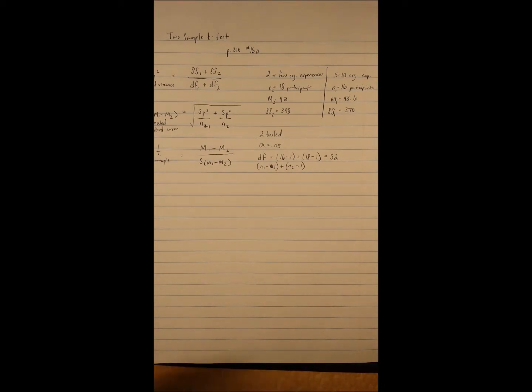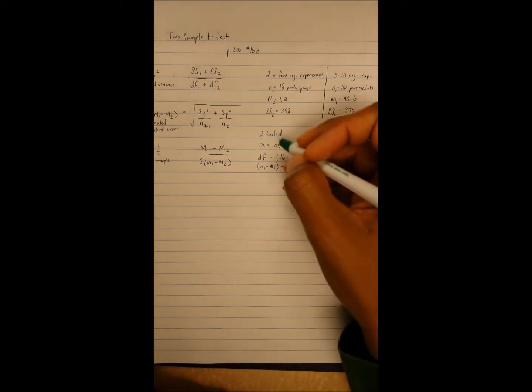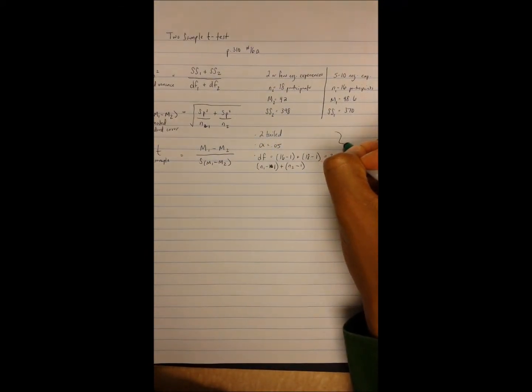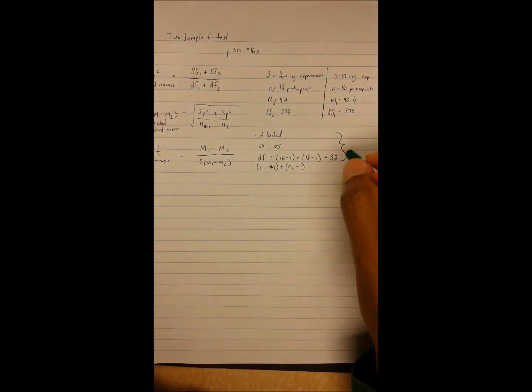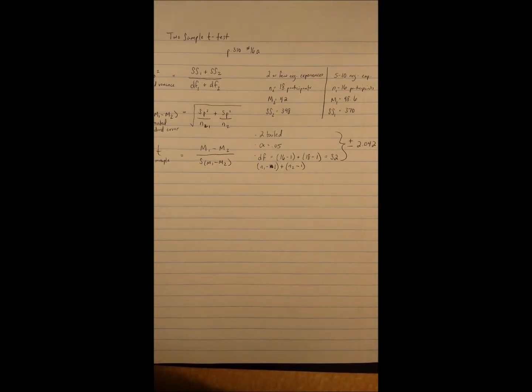Now, if you go back to your t-distribution table to find your t-critical score, using these particular pieces of information, what you'll find is that your t-critical is plus or minus 2.042. Okay, so that is your t-critical.